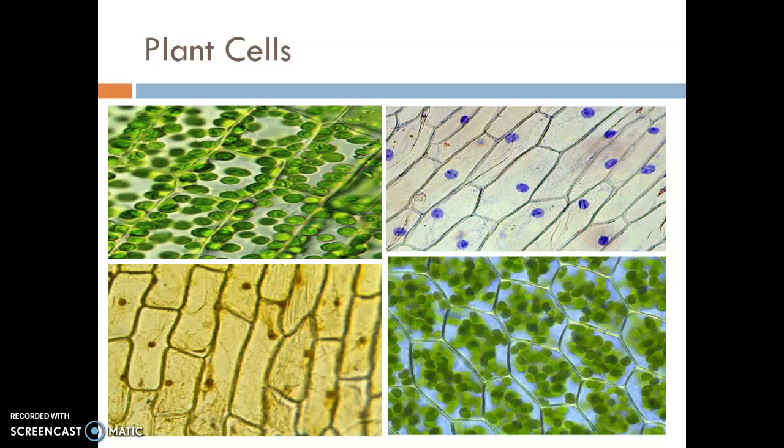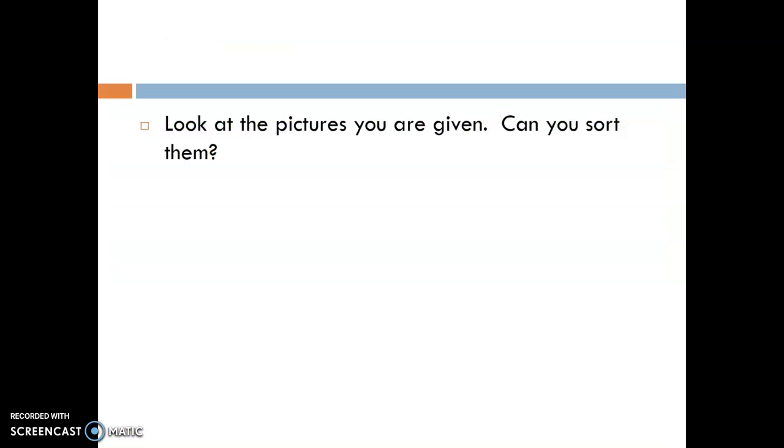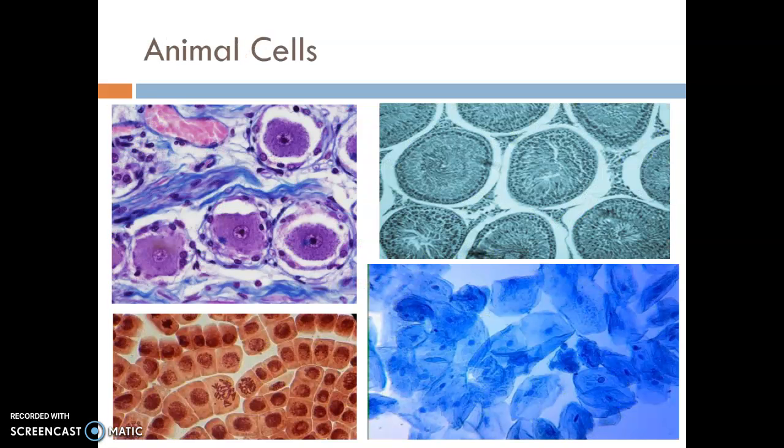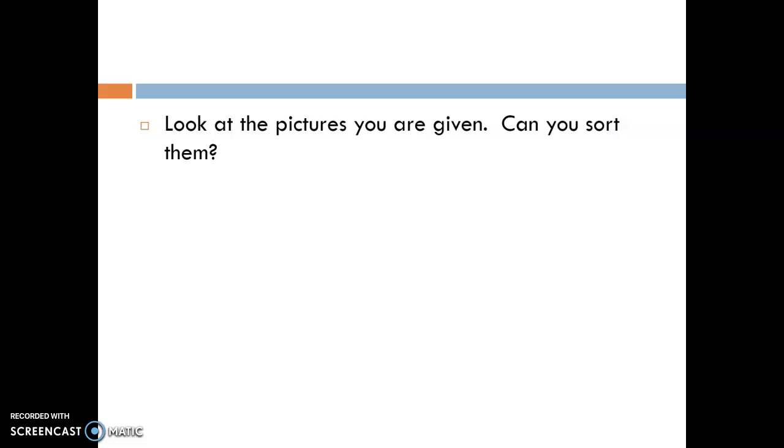So you need to think about the components of a plant cell and what makes them up in order to be able to tell the difference. And same with these. Animal cells are different from plant cells in many ways, and you're going to copy that answer down on the look at the pictures you are given so you can sort them.